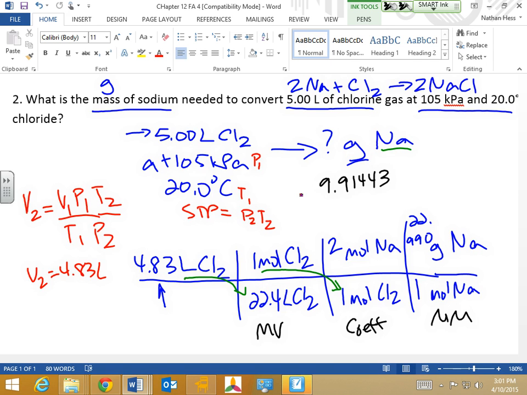I look back to see what my significant digits are. I've got 3 here, 3 there, and 3 there. So therefore, I'm going to use 3. 1, 2, 3, draw my line, ignore these. The 4 tells the 1 to stay. So 9.91 grams of Na.